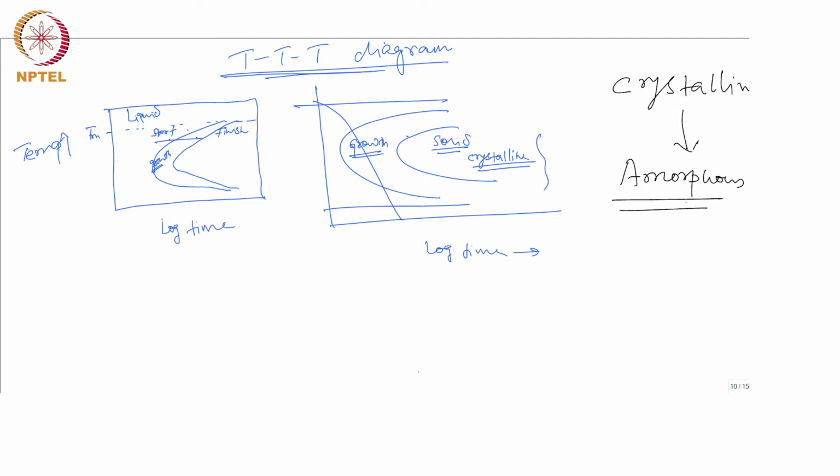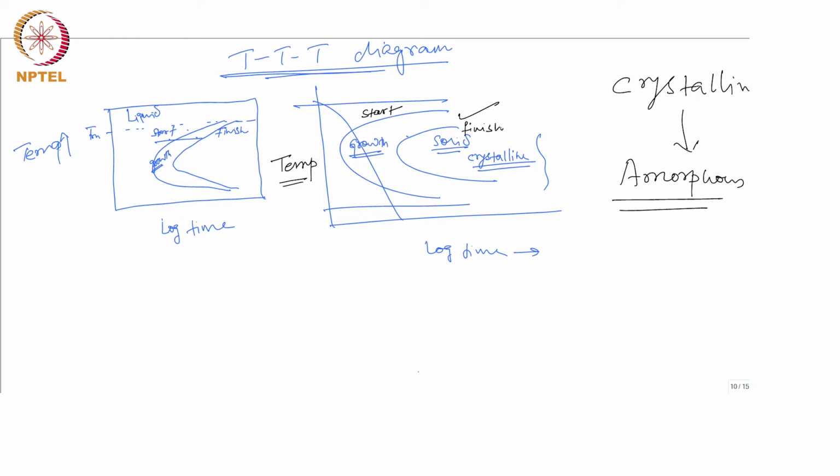TTT diagram, as you can see from here, is in the form of this kind of C curves like this, as you can see over here. It shows two C curves, one for the start or the beginning of the transformation and another for the completion of the transformation.